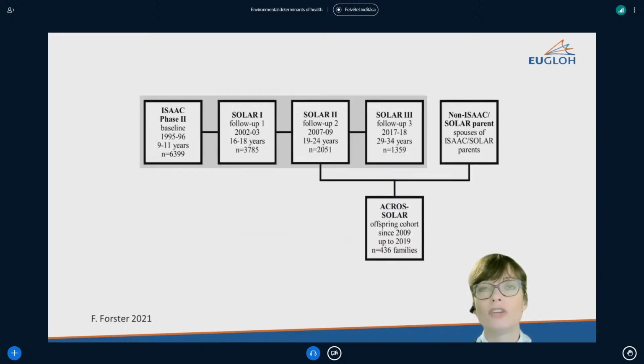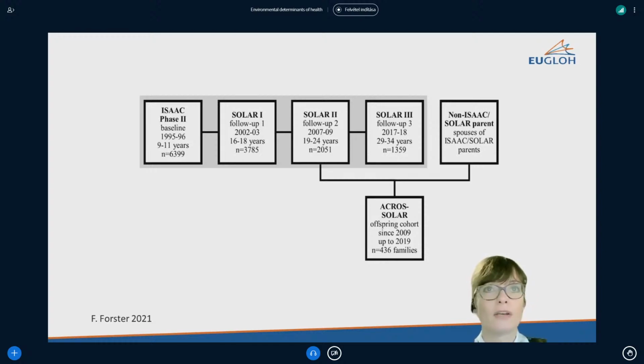To study such associations, we followed up a cohort which was recruited by our Children's Hospital and the Children's Hospital in Dresden in the east of Germany in the late 1990s. This recruitment was done within a worldwide study on asthma and allergies in children called ISAAC.